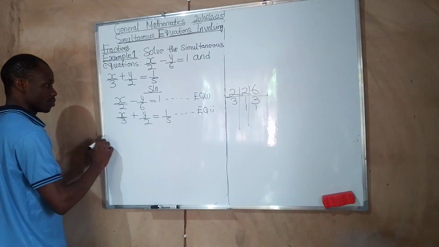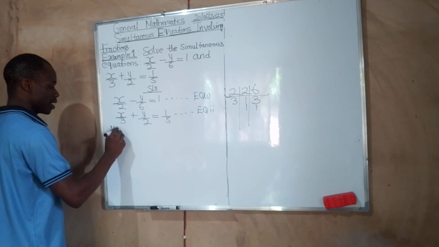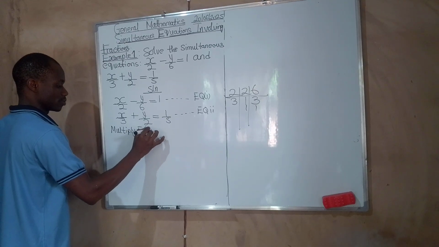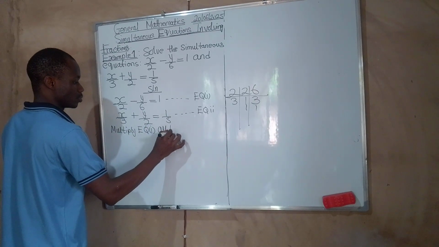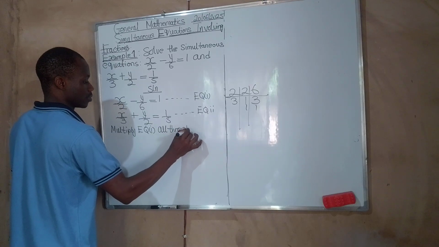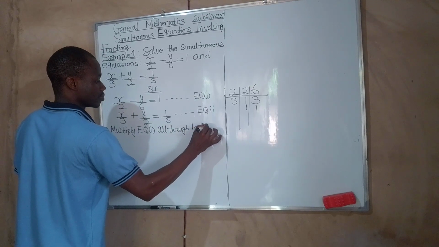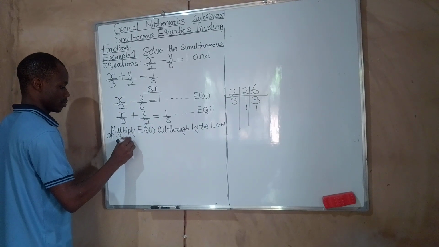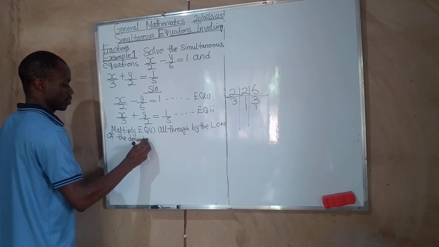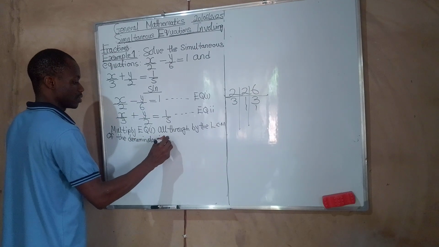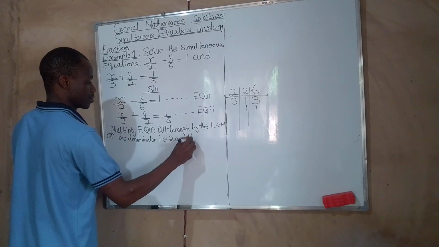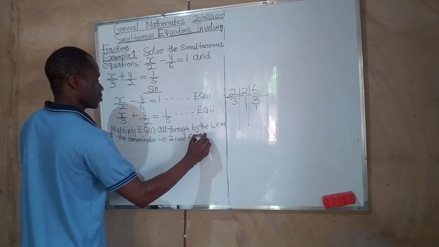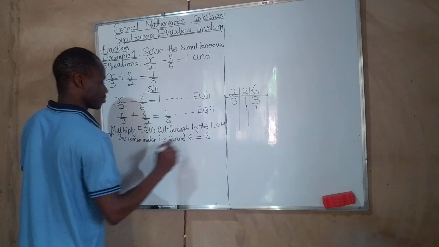So we multiply equation 1 all through by the LCM of the denominators, that is 2 and 6, which is 6.